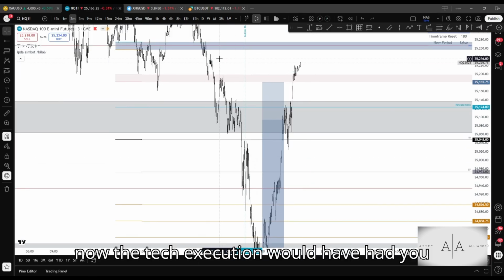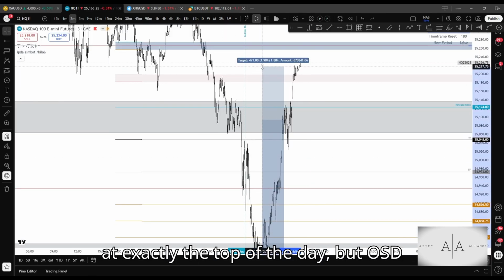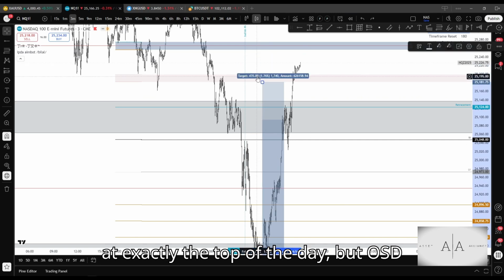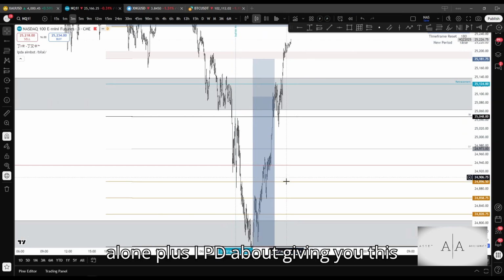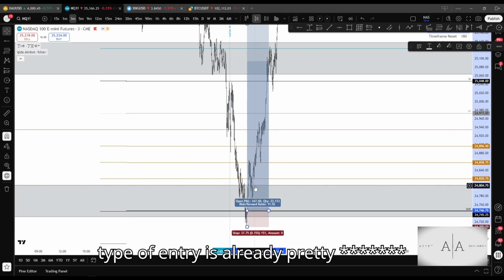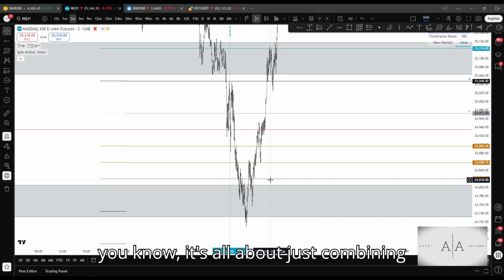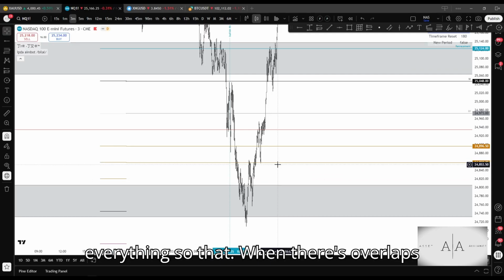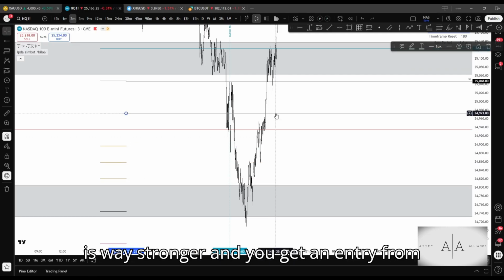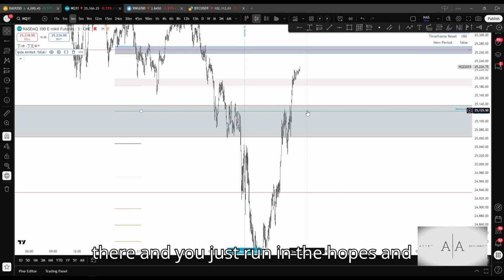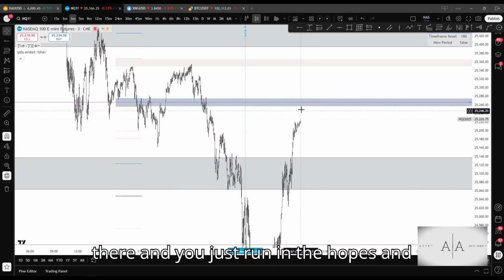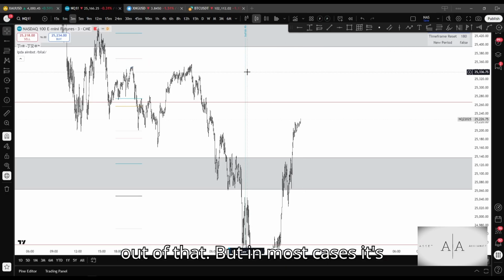Now the tack execution would have had you at exactly the top of the day, but OSTDV alone plus IPDA Aimbot giving you this type of entries are pretty nice. But you know, it's all about just combining everything so that when there's overlaps, it's way stronger, and you get an entry from there, and you just run on the hopes and dreams that you're gonna get a 20R out of that.